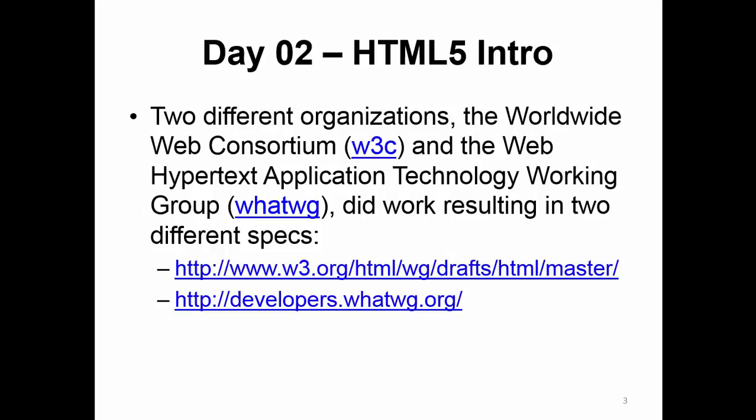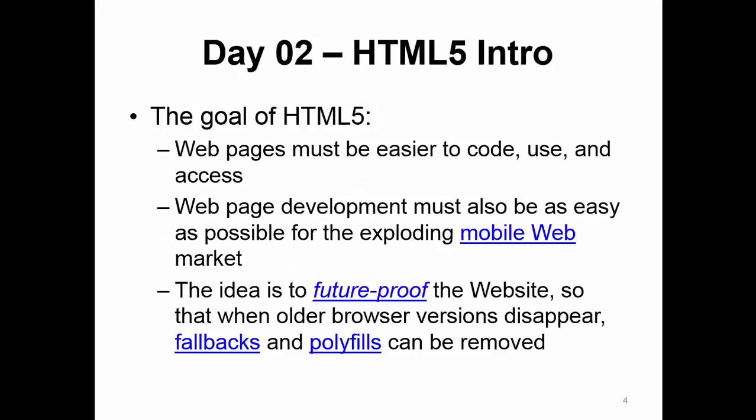So they came up with two different specs for how we were going to be working with a new version of HTML called HTML5. They did agree on things, and eventually they started to merge together. As it says here, the goal was that web pages would be easier, whether you were a user or a developer.